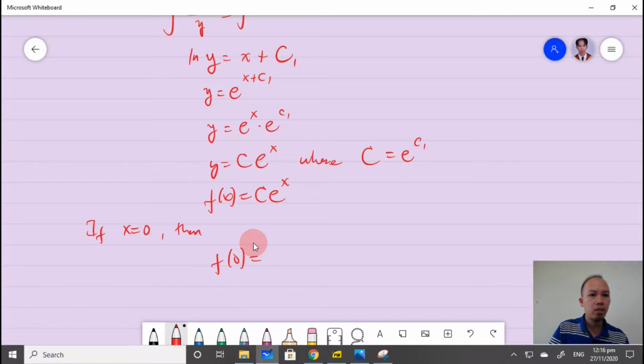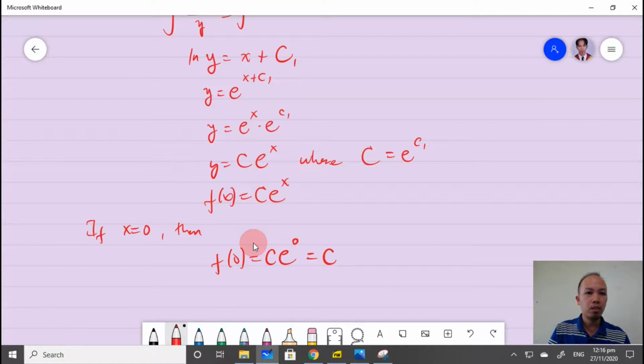If x is equal to 0, our y is C e to the 0, or this is equal to C, right?